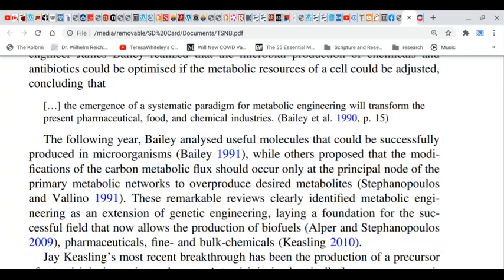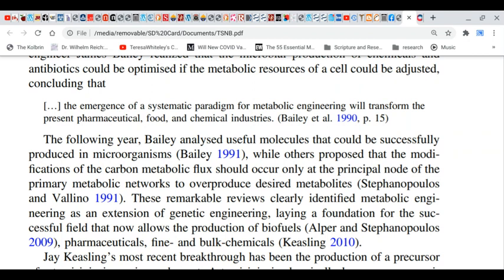The following year, Bailey analyzed useful molecules that could be successfully produced in microorganisms, while others proposed that the modifications of the carbon metabolic flux should occur only at the principal node of the primary metabolic networks to overproduce desired metabolites.